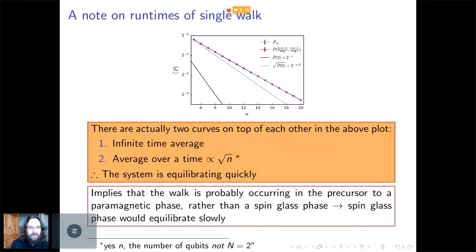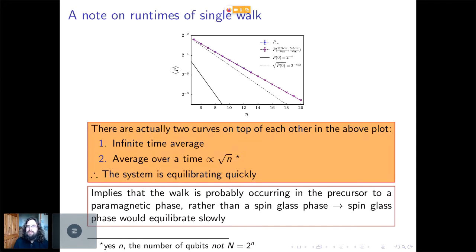They're in the paper if you want to know how they work, or I can explain them after. You average over a time proportional to the square root of the number of qubits. Now you might think, oh, this is square root of big N, number of bit strings. No, this is square root of the number of qubits, square root of little n. This means the system sort of equilibrates quickly, because these are essentially no different.